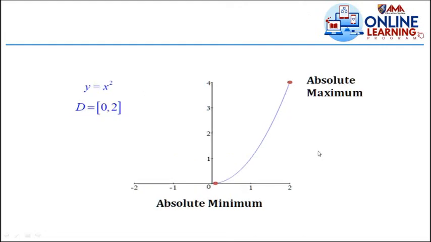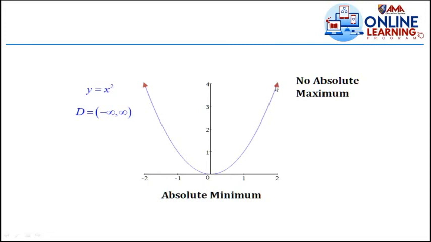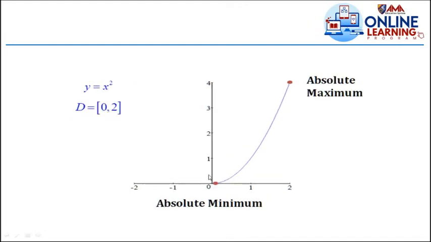Next, we have another figure. The same formula, y is equal to x squared. This time, x1 is 0, x2 is 2. So we now have the absolute maximum and the absolute minimum. How did we get an absolute maximum? In our first example there is no absolute maximum, but here there is, because its absolute minimum is at the bottom. Here it is specified that we have absolute extremes because we have a solid dot.